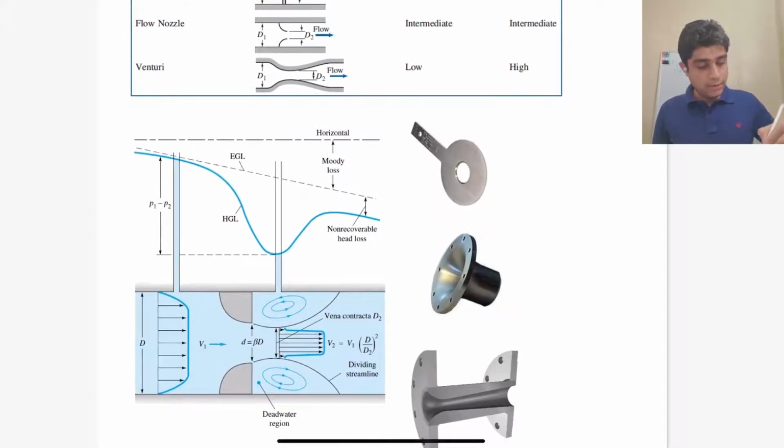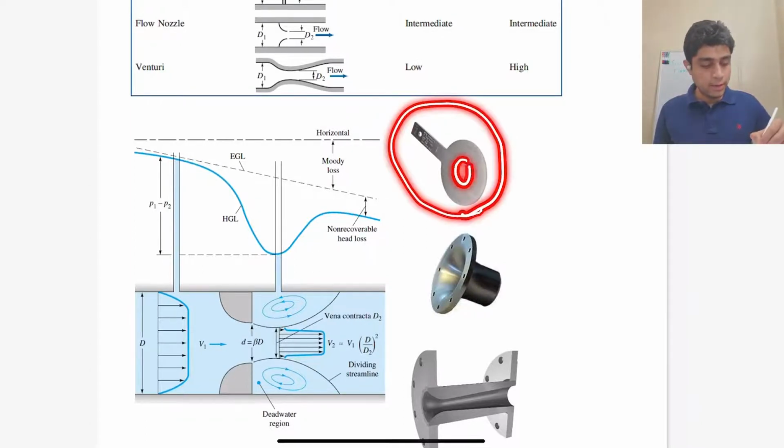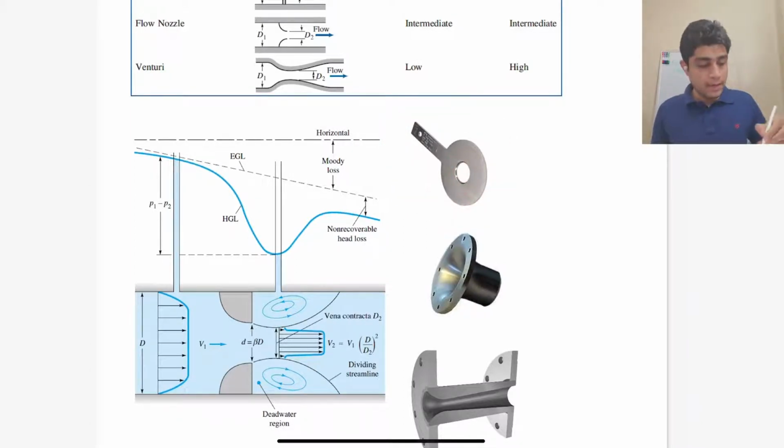So an orifice meter only has a simple plate which has a hole in the middle, and it causes a contraction in the pipe.